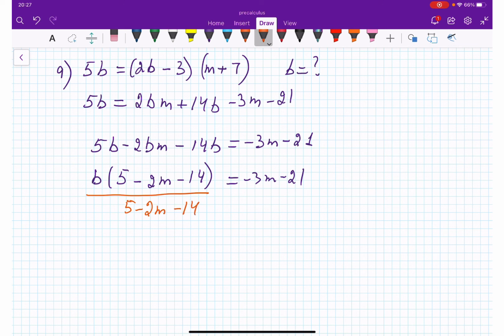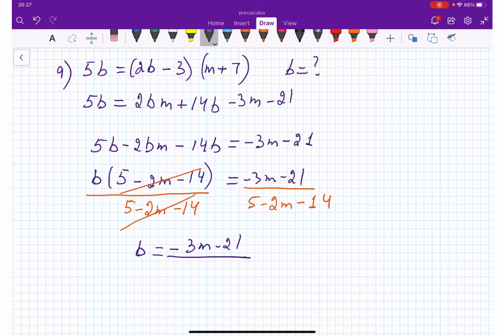All right, so to get b, I have to divide by 5 minus 2m minus 14, right? And here, same thing, 5 minus 2m minus 14. This cancels, and we are getting b is equal to negative 3m minus 21 over 5 minus 2m minus 14.